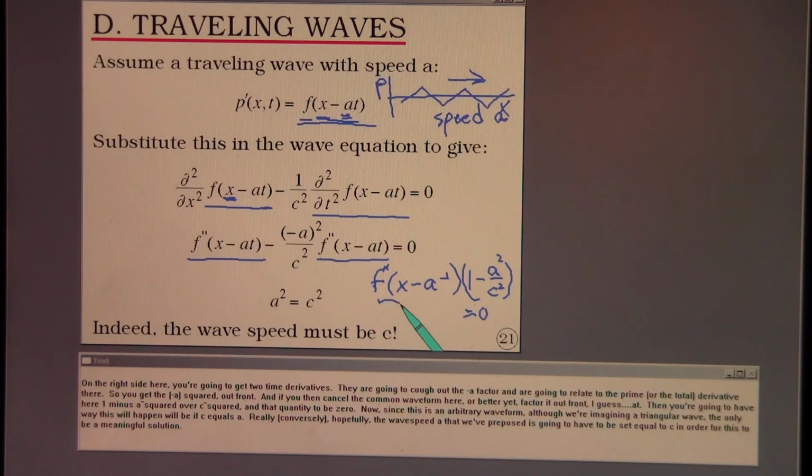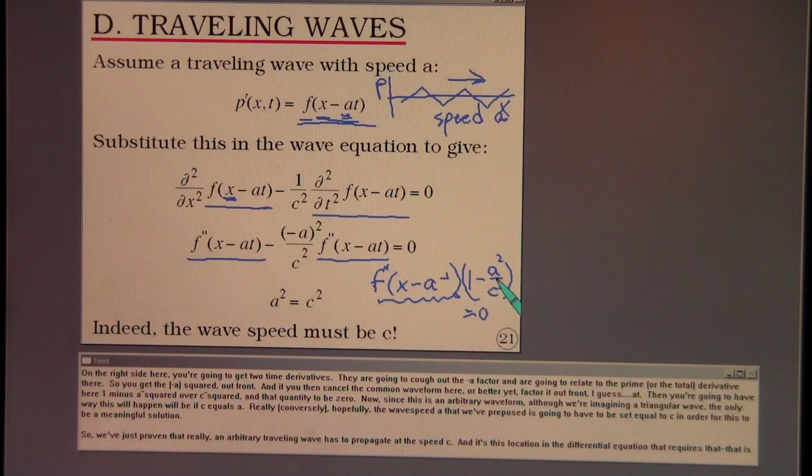Now, since this is an arbitrary waveform, although we're imagining a triangular wave, the only way this will happen will be if c equals a. Conversely, the wave speed a that we've proposed is going to have to be set equal to c in order for this to be a meaningful solution.